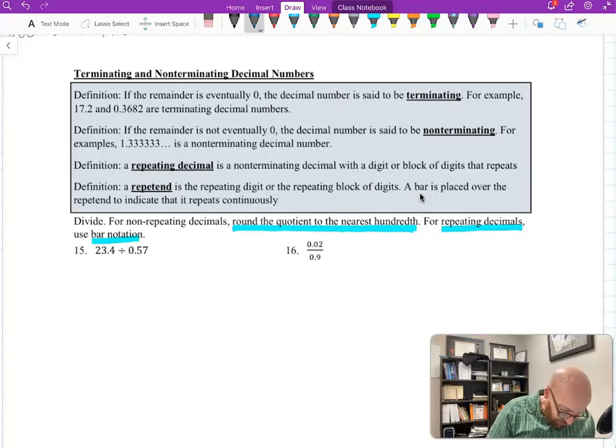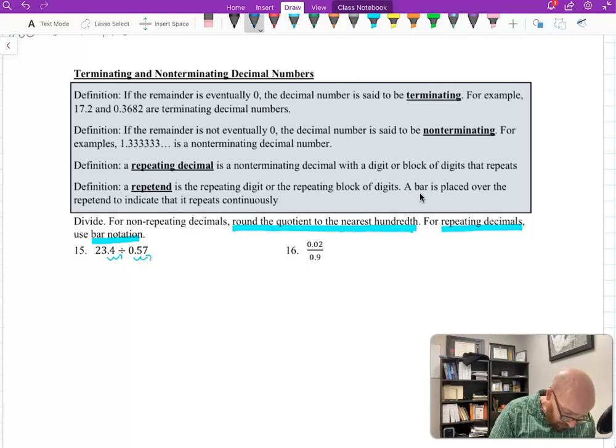Alright, so let's look at our first example. 23.4 divided by 0.57. Remember, we don't like to divide by decimal numbers, so we'll move this decimal point over twice to the right, which then means we have to move this decimal twice to the right.